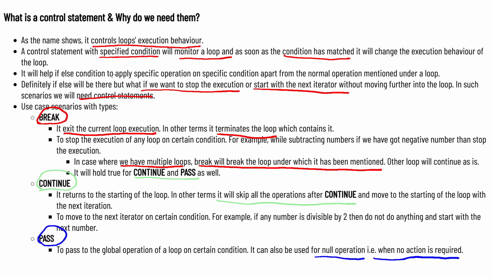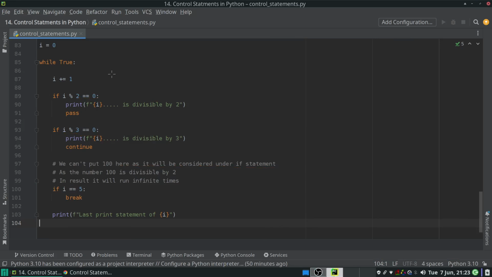Now let's see practically how they impact a loop's execution behavior. Here, I have one variable called i, whose initial value is 0. Then we are increasing the value of i by 1. Then we have provided three conditions. First, if i is divisible by 2, then say that it is divisible by 2 and just pass.